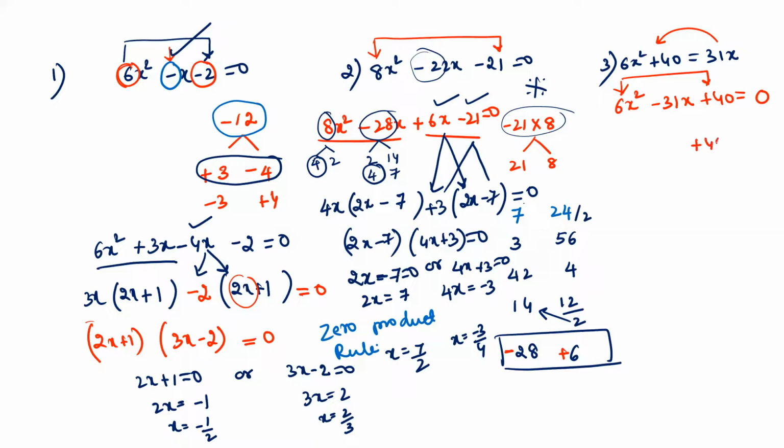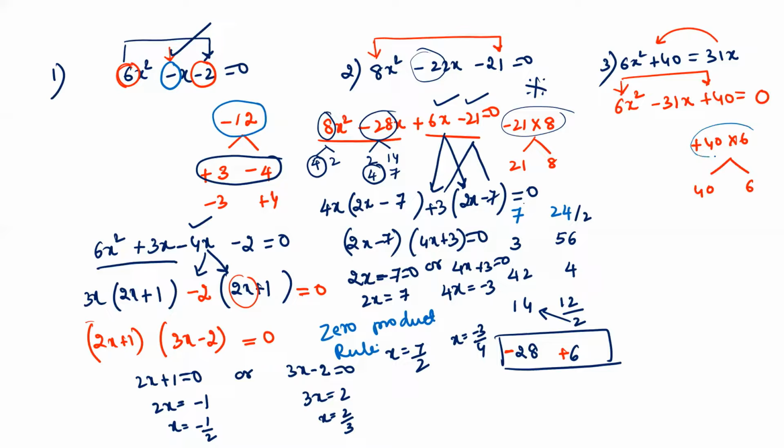Ma'am, 40 into 6x square. Don't multiply here. Start taking them as factors. Tell me, Krishna, some steps to find other factors. Will this give me 31? Should I add or subtract here?